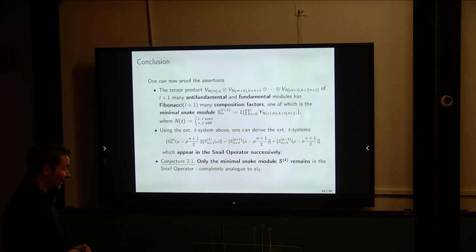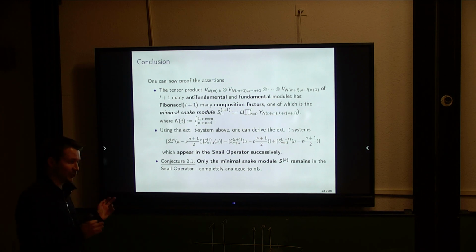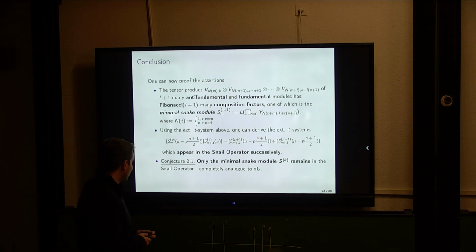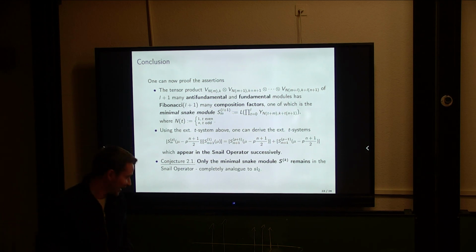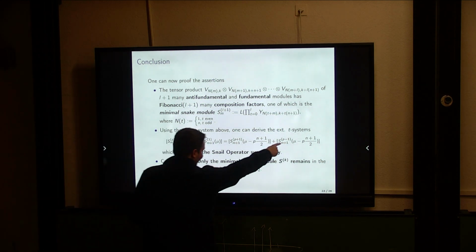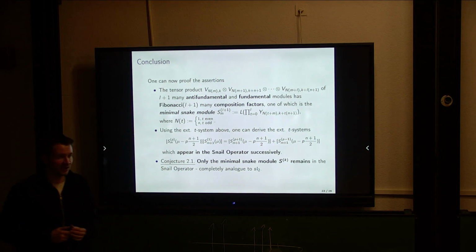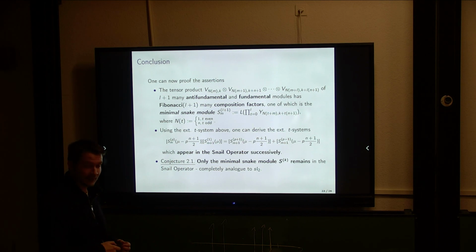And these appear in this snail operator successively, so kind of fusion. And the conjecture that I want to tell is that only the minimal snake module S_K remains. So the projector onto this cancels out. And this would be completely analogous to SL2. And that's it.